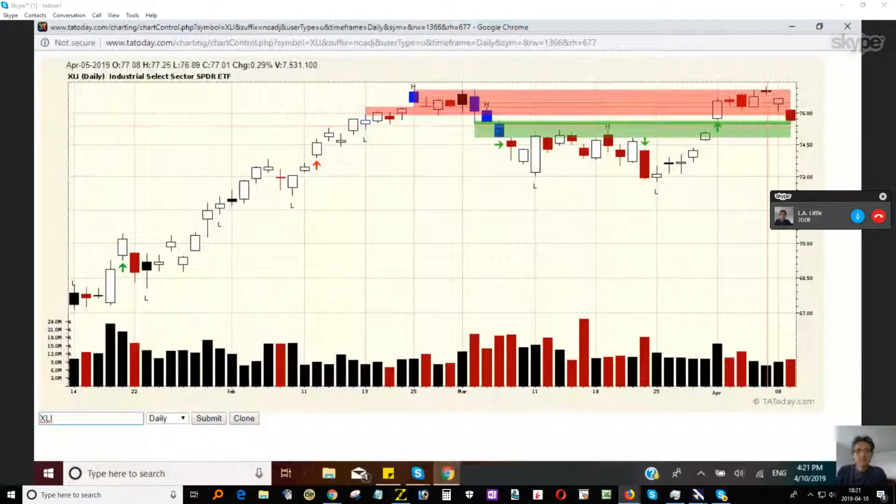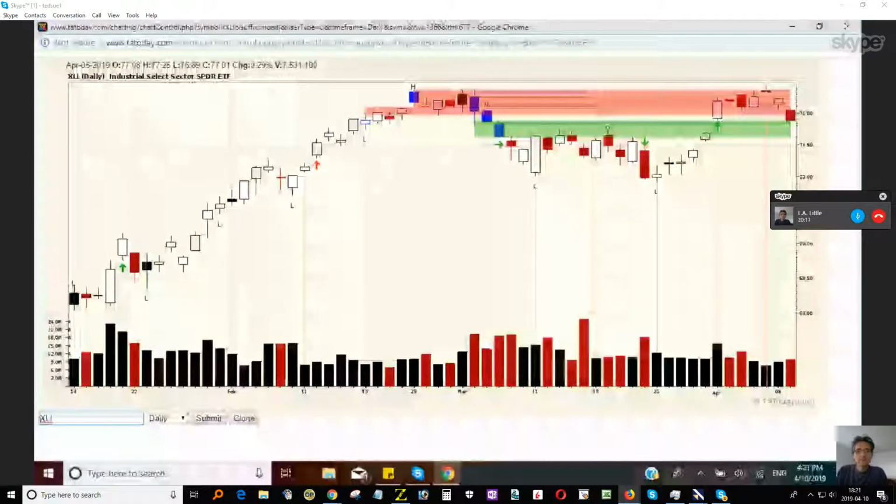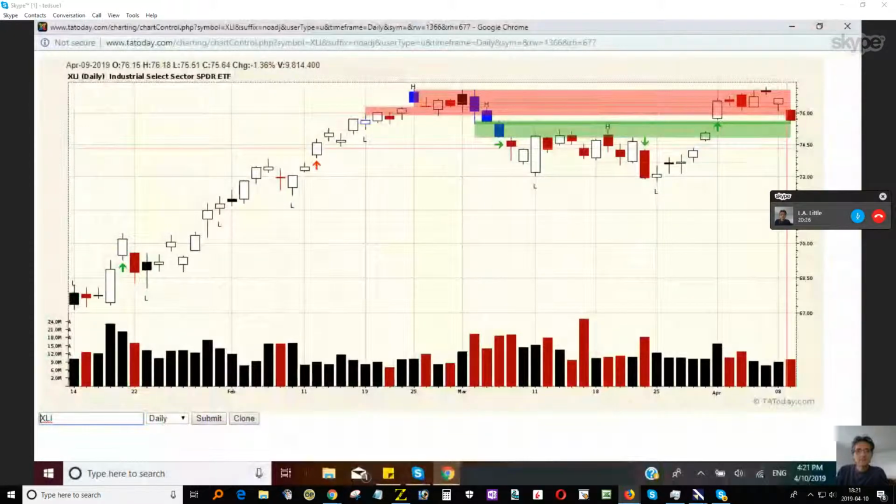Which is a test failure. Test failure tells us we should expect a retrace, and we may or may not test again. And so that retrace that started to take place kind of made sense on the test failure, and now we should expect it to try and hold in this area.